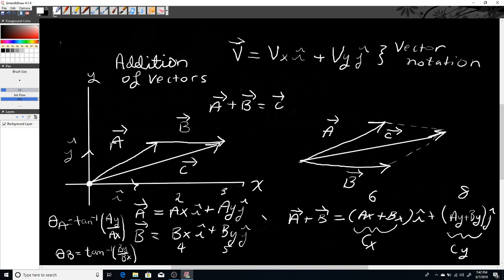And with vector C, which we got from adding vectors A and B, the direction of angle C would be the arctangent of Cy over Cx. So in this way we can fully describe our vectors. And of course the magnitude would come from doing the Pythagorean theorem for each of these. So if we wanted to find the magnitude of this vector, we would do Ax squared plus Ay squared. And the same for here and here if we want to find the magnitude of these vectors.